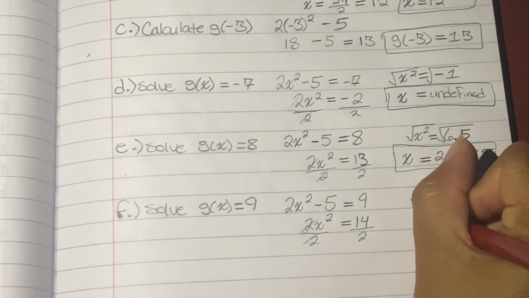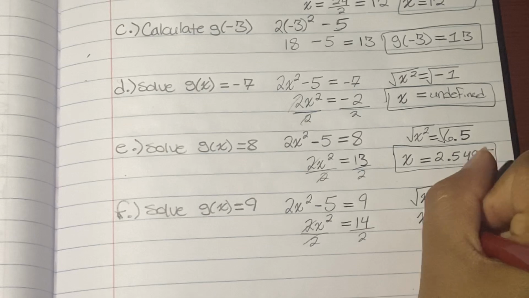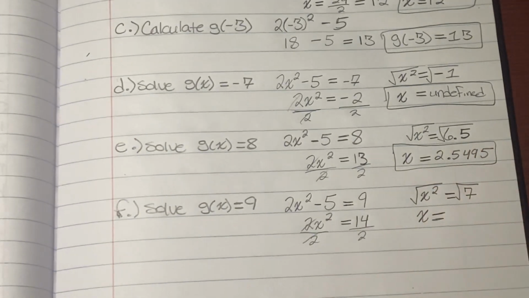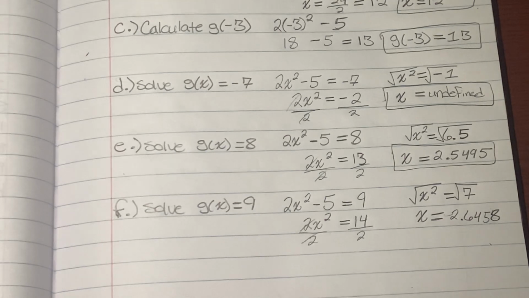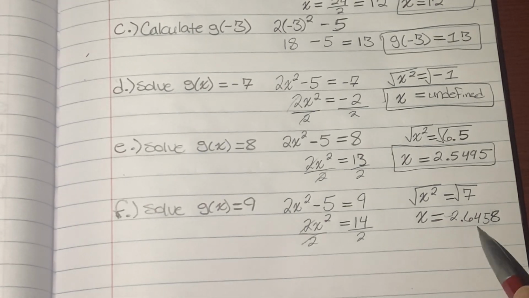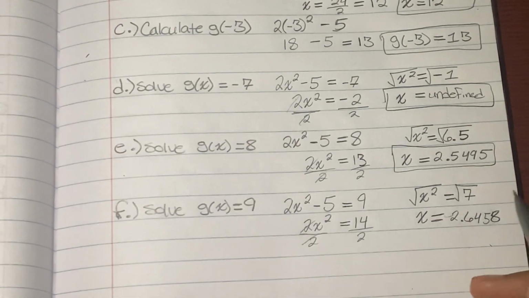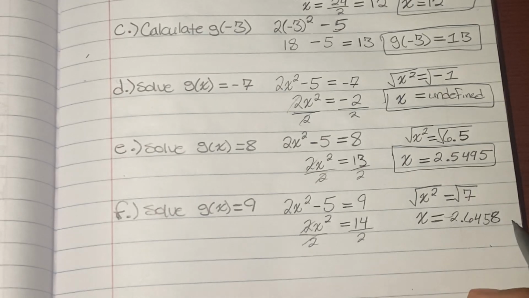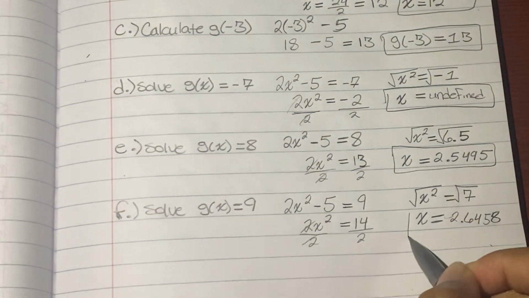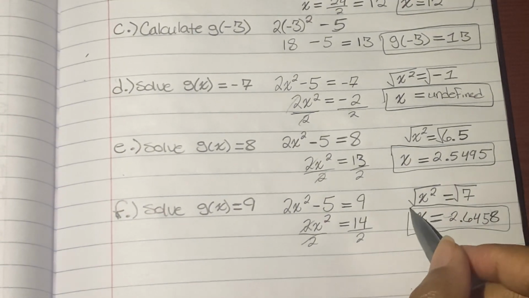Another one I am not so sure about, so let me get that calculator one more time. Okay, so I used my calculator and I got 2.6458 because technically it was 575, but the 7 right here goes up to an 8 because the next number was 5. That's called rounding.